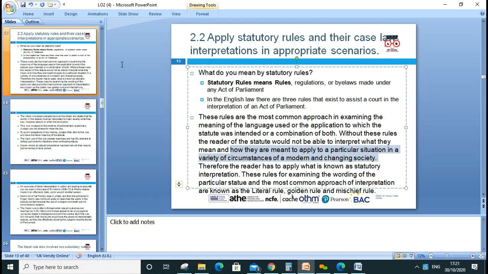The rules for examining the wording of a particular statute, a particular law, are known as statutory interpretation, and the most common approach is known as the literal rule. So we learned about the literal rule, the golden rule, and the mischief rule.